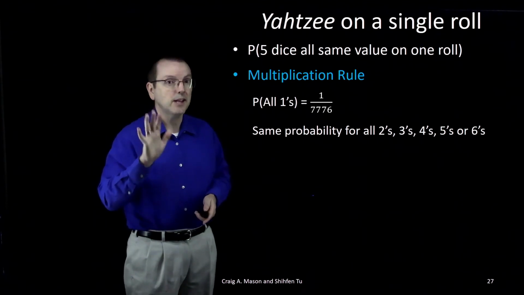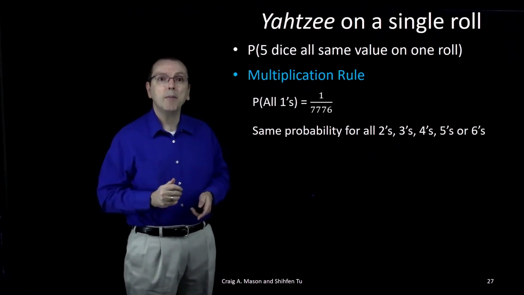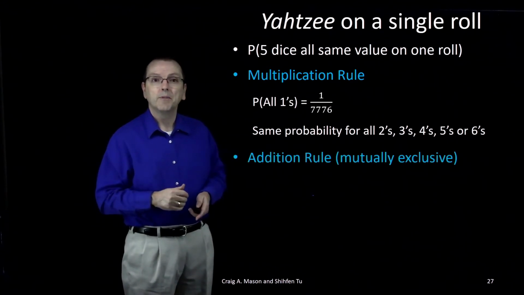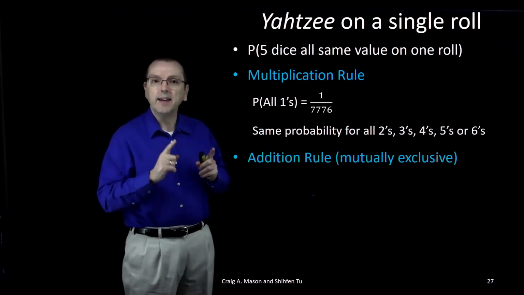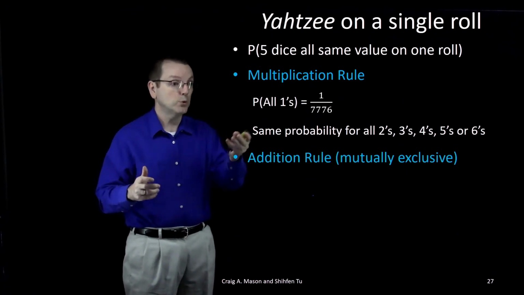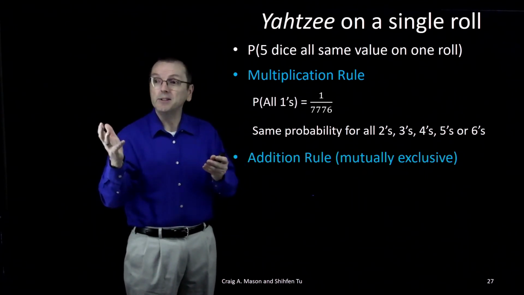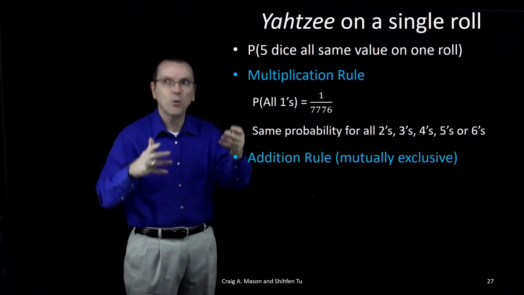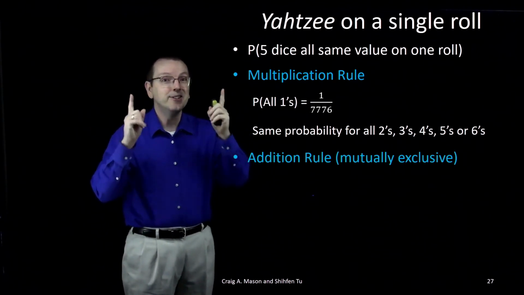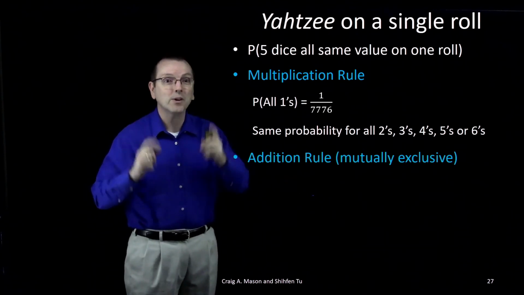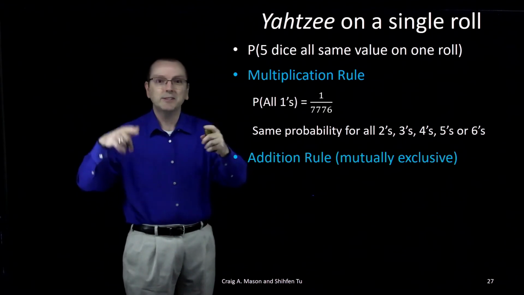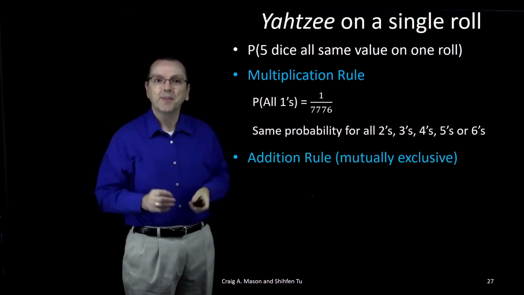Now, the second part of solving this problem involves using the addition rule. Notice I can get a Yahtzee by rolling 5 ones, or 5 twos, or 5 threes, or 5 fours, or 5 fives, or 5 sixes, right? Notice all those ors. It can be this, or this, or this, or this, or this, or that, right?